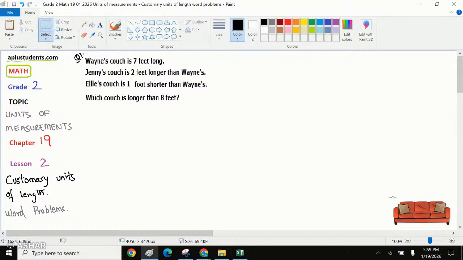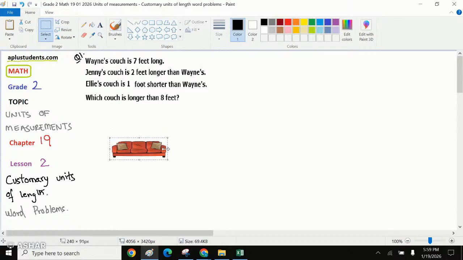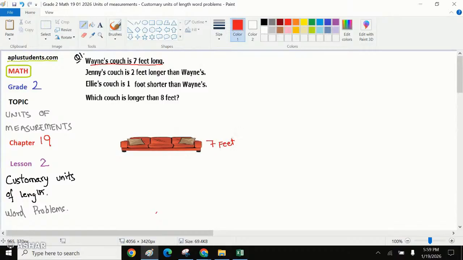So let's suppose we have this couch as an example, and we say that the length of this couch was how much? This is Wayne's couch. So we say this length was 7 feet, right? Because Wayne's couch is 7 feet long. Agreed? Jenny's couch is 2 feet longer than Wayne's, right?